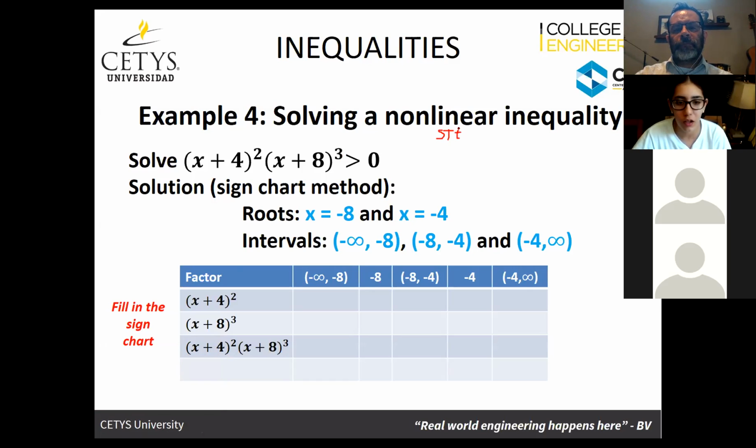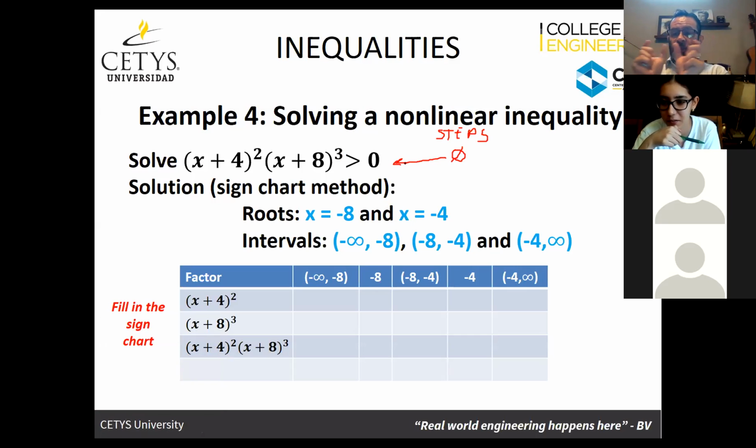So it doesn't matter if the power is elevated to the 2 or the 3 or the 4? No, because what we're interested in is the factor. The factor is x plus 4, elevated to the square.